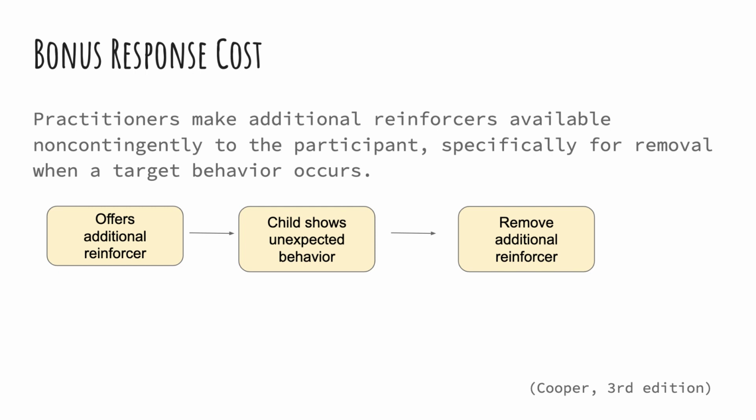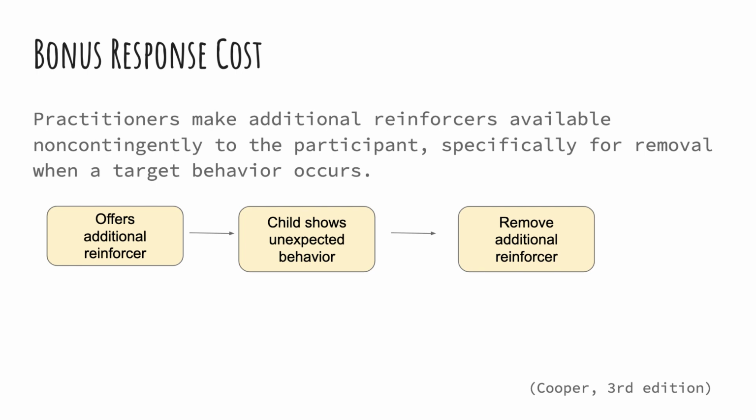Now, suppose a student engages in disruptive behavior during a group activity, despite being aware of the classroom rules. In response to this behavior, the teacher may decide to implement bonus response cost by temporarily removing a previously earned token from the student's token bank.